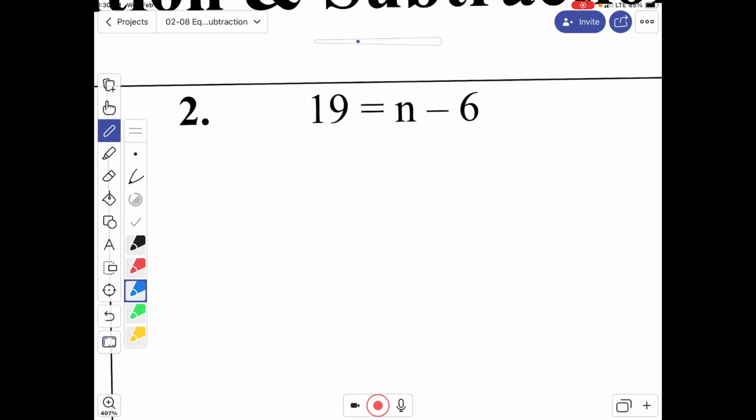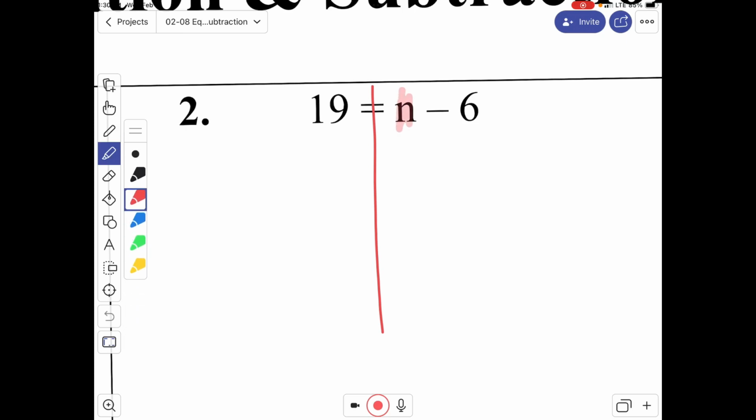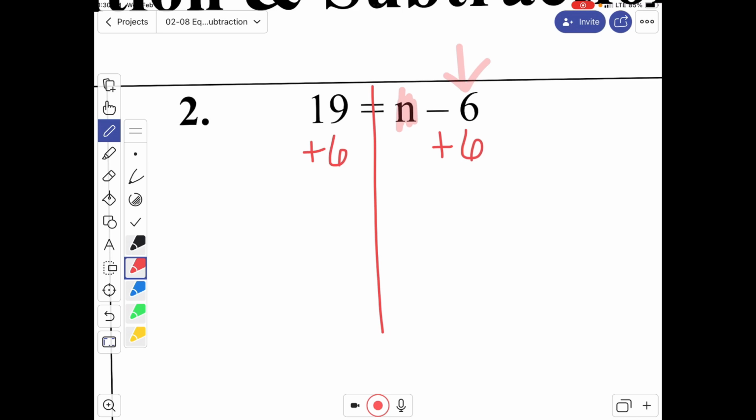Number 2. Draw the wall. Find the variable. So we need to get rid of minus 6. The opposite of minus 6 is plus 6. Make sure you do it to both sides of the equation. 19 plus 6 makes 25.